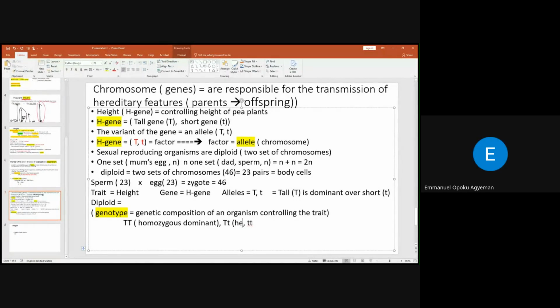Good. Heterozygous dominant. And this one is homozygous recessive.